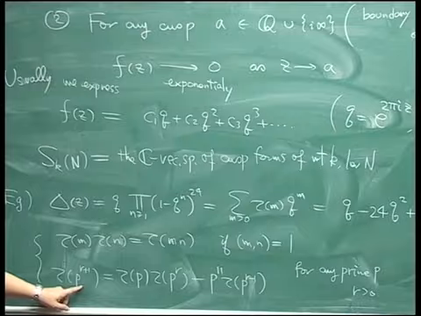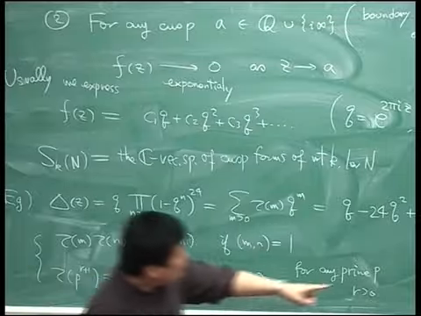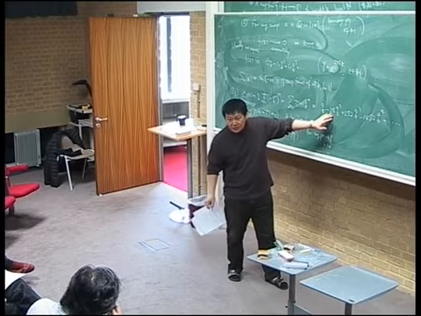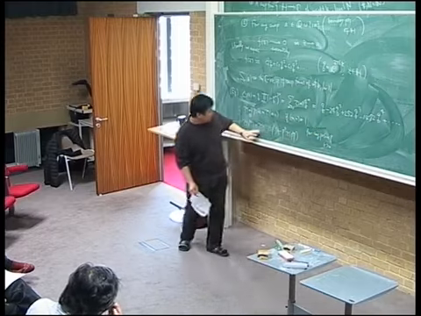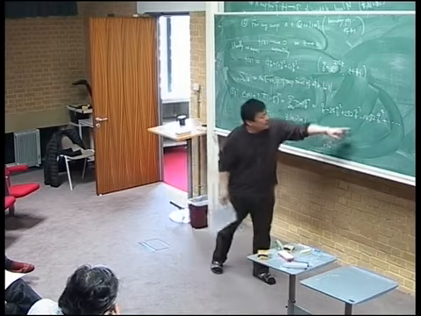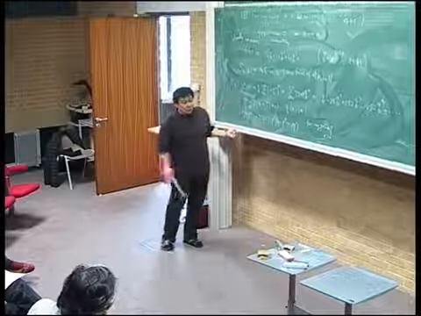For example, when p equals 2 and r equals 1, this fourth coefficient is given by the square of the second coefficient minus 2 to the 11. I think it's true. So this is an example of an arithmetic property of Fourier coefficients.